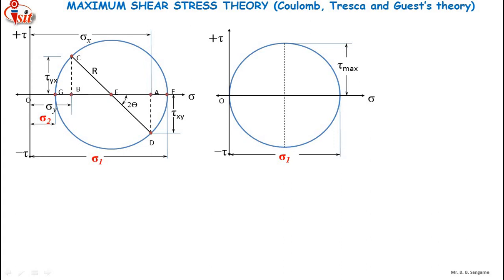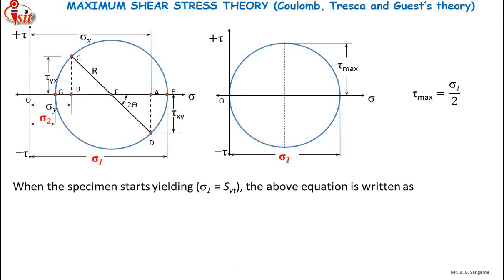The diameter of the circle is sigma 1 and the radius is tau max, so tau max equals sigma 1 by 2. Already we have proved that sigma 1 equals SYT when the specimen starts yielding under tensile testing, so tau max equals SYT by 2.